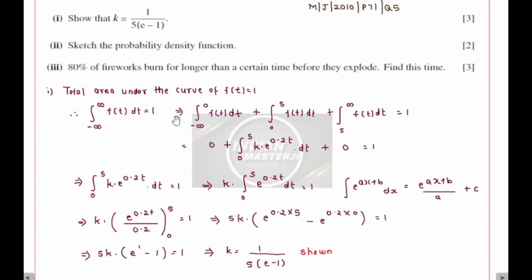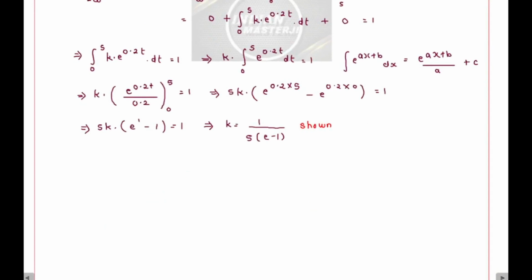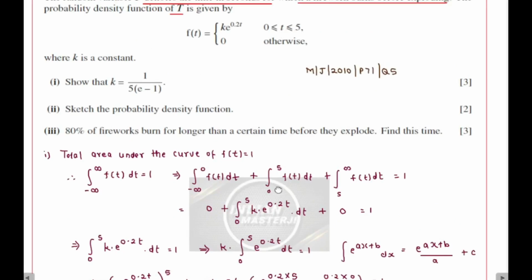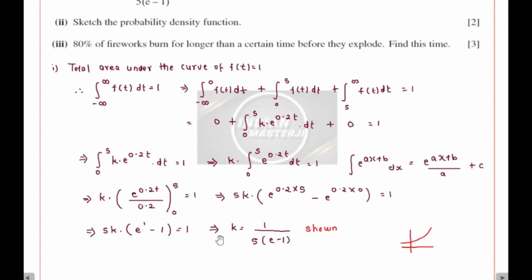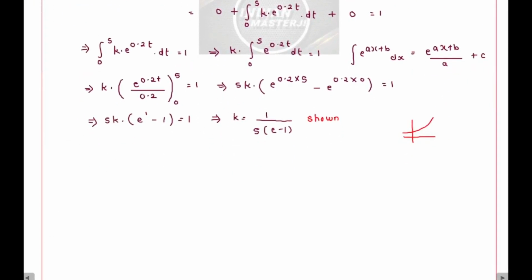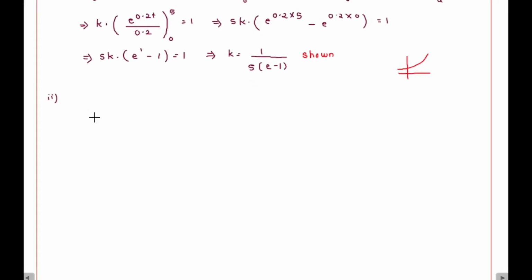Because this f of t is an exponential function, you might have studied in pure math that an exponential function looks like this particular graph, and here t is positive, basically between 0 to 5. So we will take only this positive section. Let's try to plot certain values. When t is equal to 0, what is f of 0?